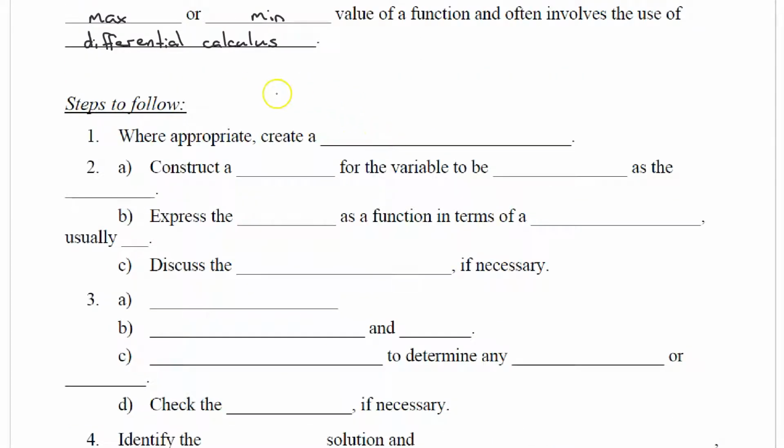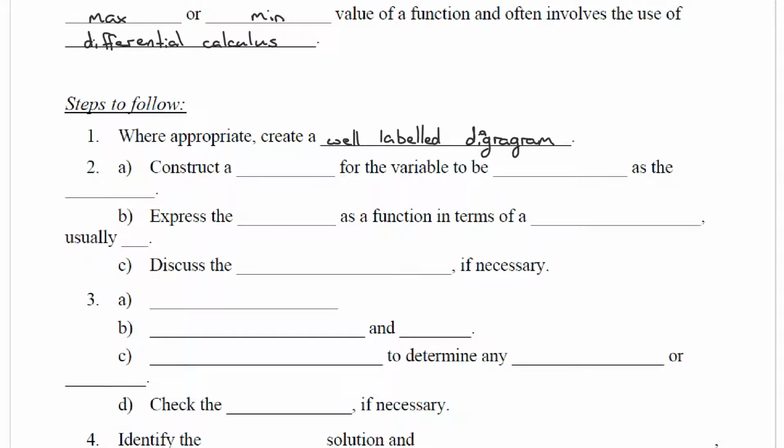So to do this particular type of mathematics, there's a set amount of steps that you follow to go from start to finish, or unoptimized to optimized. So step 1, where appropriate, create a well-labeled diagram.